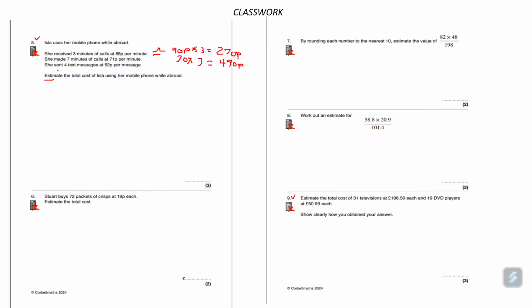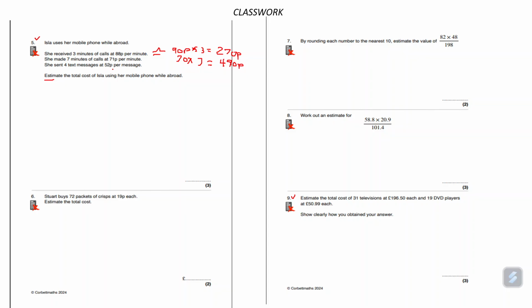We look at the other statement. It said she sent 4 text messages at 52p per message. So rounding 52p to the nearest 10, as usual, you look at the last digit, which is 2. The rule says 0 to 4, you round down, 5 to 9, you round up.